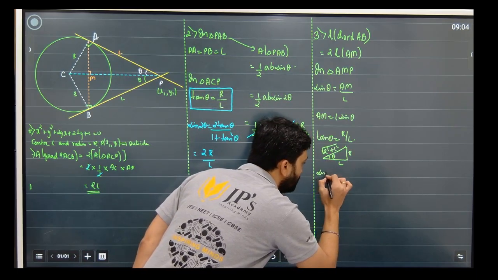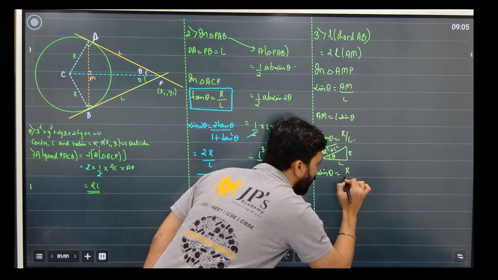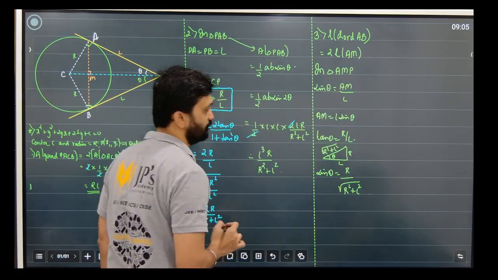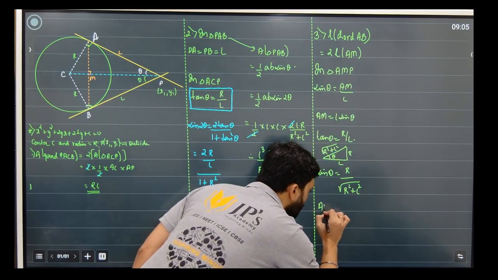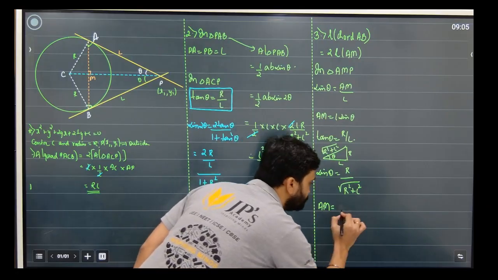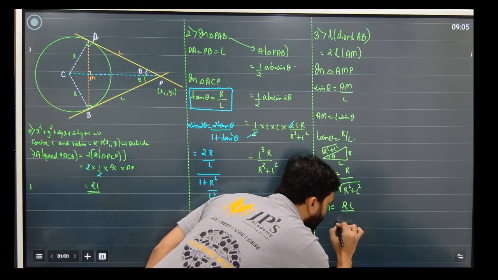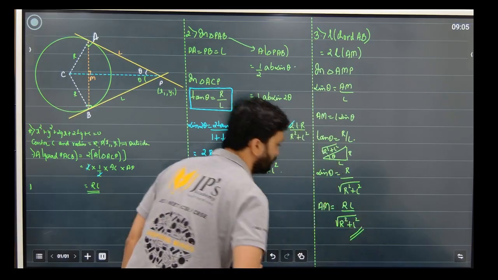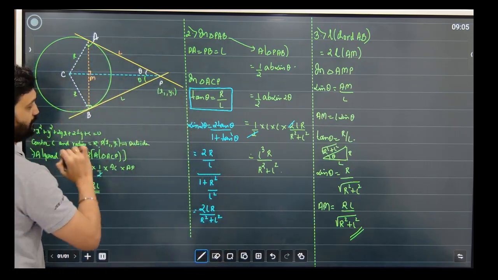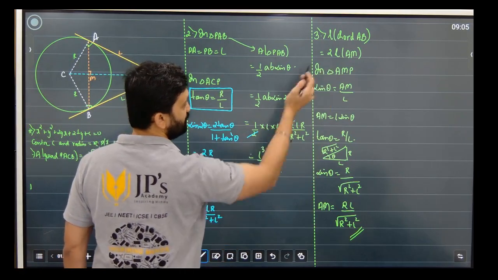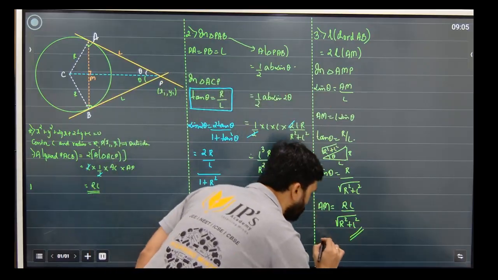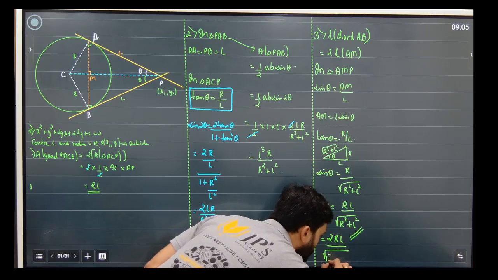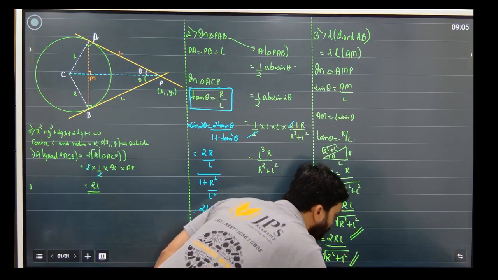So sin theta will become R upon under root of R square plus L square, and AM will become RL upon under root of R square plus L square. This is the value of AM, but chord AB will be twice AM, which will become twice RL upon under root of R square plus L square.